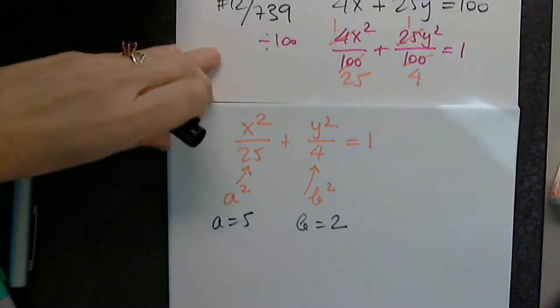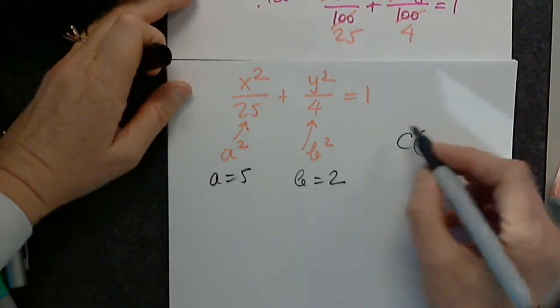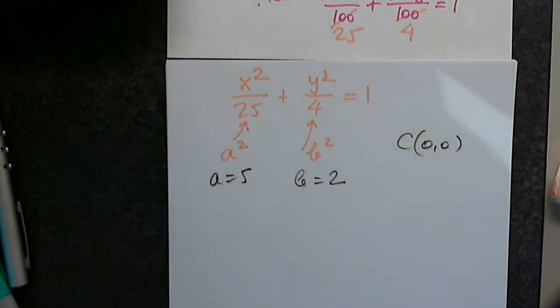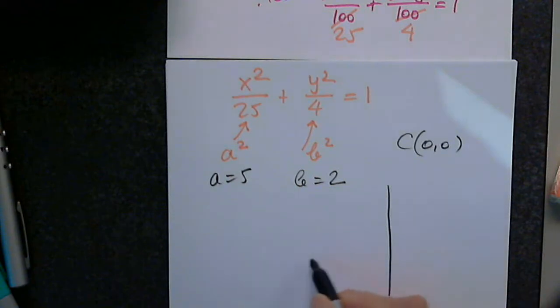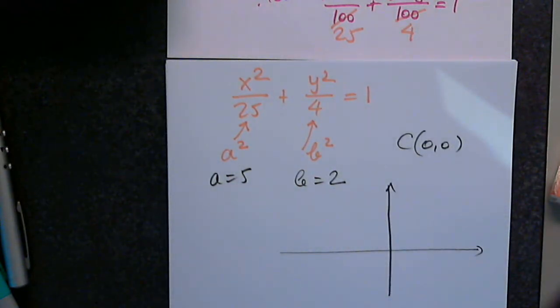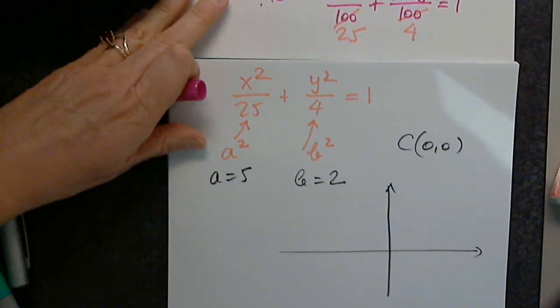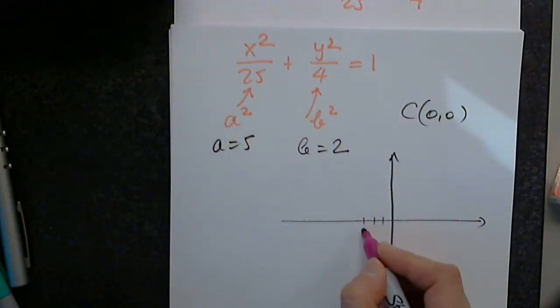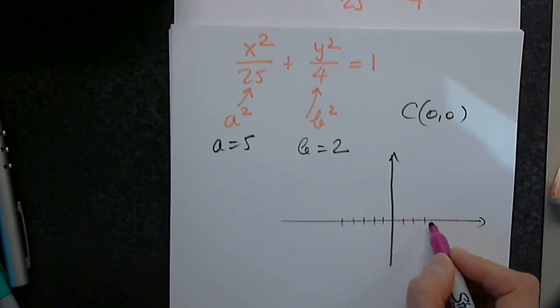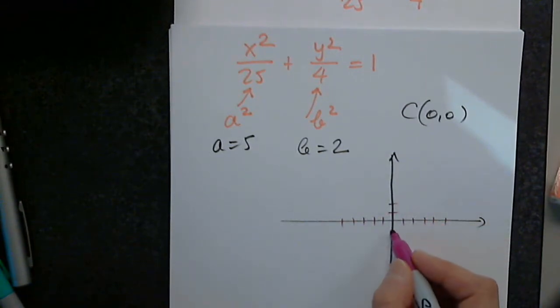So I can already say that the center of this ellipse is 0, 0. And I can graph it if I want to. And I can answer the rest of the questions. So -5, 5, and -2, 2.